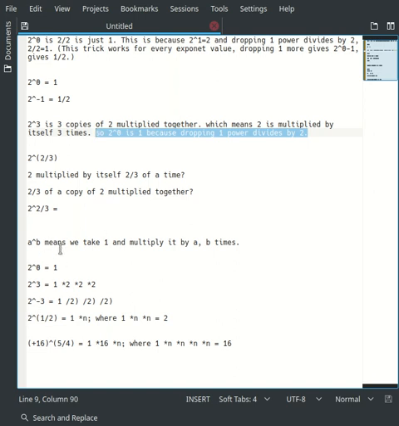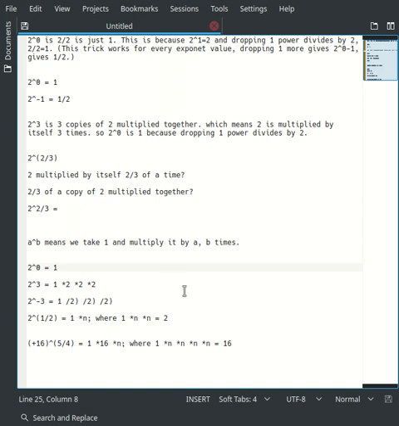2 to the 0 is 1 because your starting point for taking an exponent is 1. It always starts at 1. And when you go 2 to the 0, or anything to the 0, the only thing that happens is you get to the starting point, and then you're done. So anything to the 0 is 1.